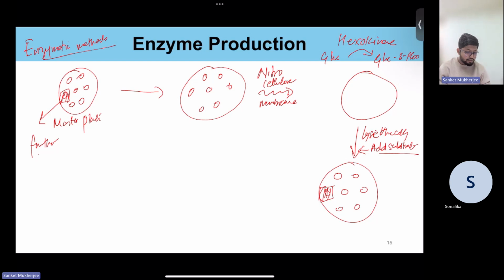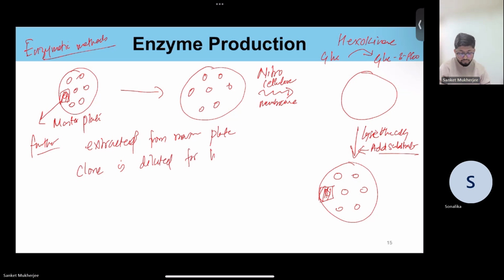So once the position of the clone is known, it is extracted from the master plate, as I already told you. The clone, which is essentially a DNA, is diluted for homogeneity, because it will not only have your own DNA, but also the bacterial DNA and everything else.